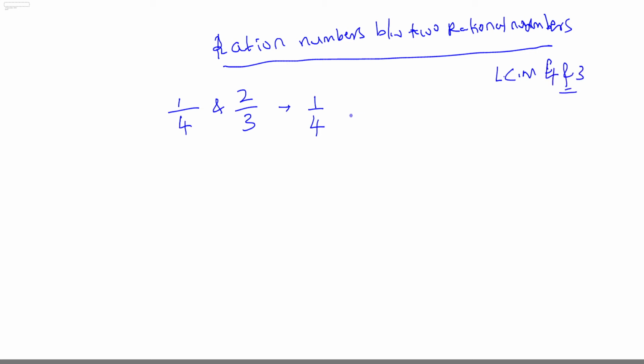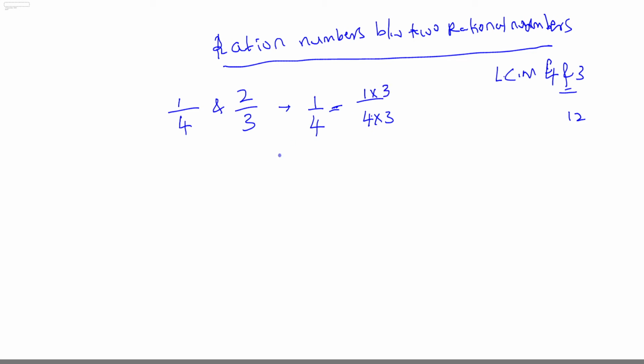I'm going to convert these rational numbers into equivalent rational numbers. The LCM of 4 and 3 is 12. Therefore, to make this one, I need to multiply by 3, and it should be equivalent.